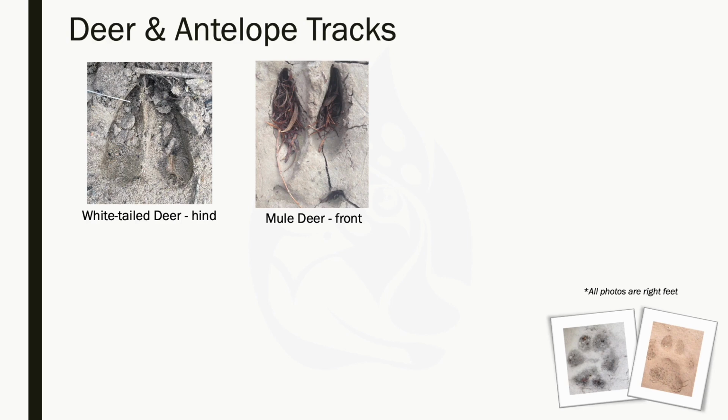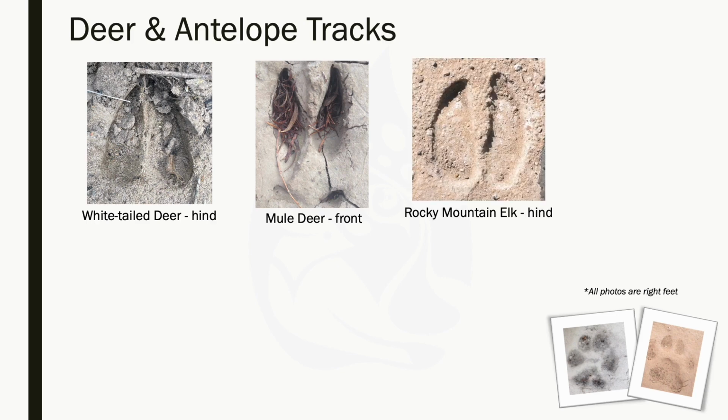Typically, when dew claws register, the track is going to splay, again, because it's either deep substrate or the animal was galloping. And you can see this is actually a front foot because those dew claws are pointed to the horizontal, okay? If it was a hind foot, they'd be more to the vertical, and they're fairly close to the toes above them, okay? So if it's a hind foot, there would be more space between them.